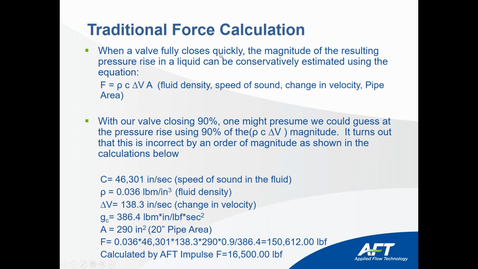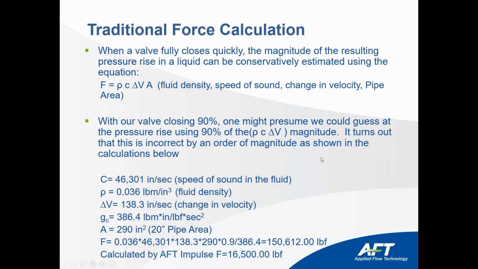When the valve is fully closed, the magnitude of the resulting pressure rise of a liquid can be conservatively estimated using the equation, as we said before. The force is rho times C times delta V times A, where rho is the fluid density, C the speed of sound, delta V the change of velocity, from the steady state velocity to 0, and A the pipe area.